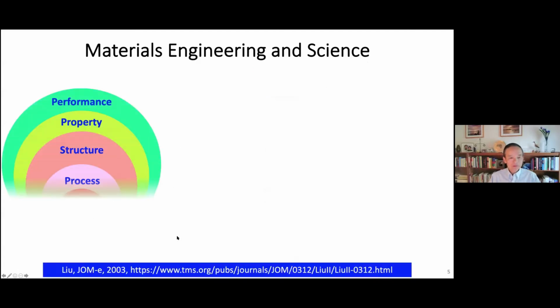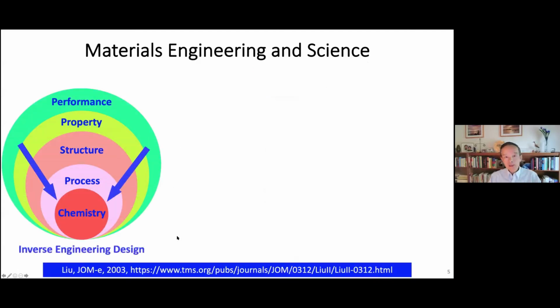So let's go back to what we really mean now. We're talking about designing materials. We call it inverse design. You have your performance requirement, you get a set of properties, then you look at the structures, then the process, then the chemistry. At the end, you design the chemistry, you design your process, you get your structure, and you get your property. So it's inverse engineering.